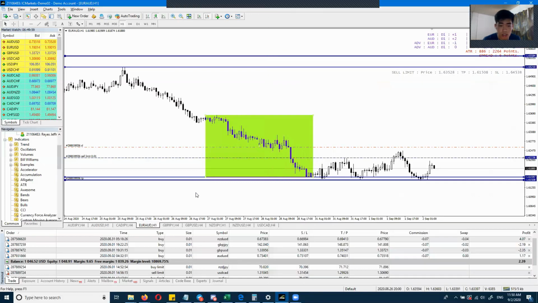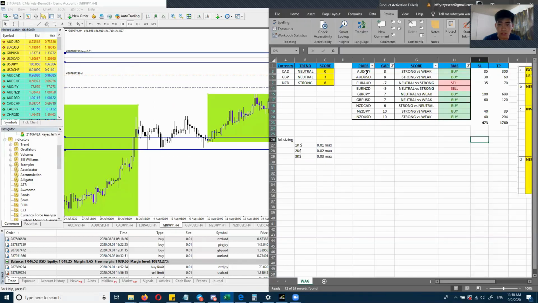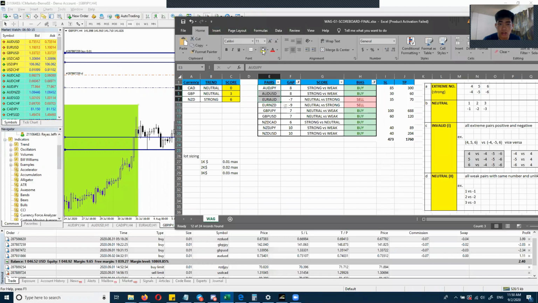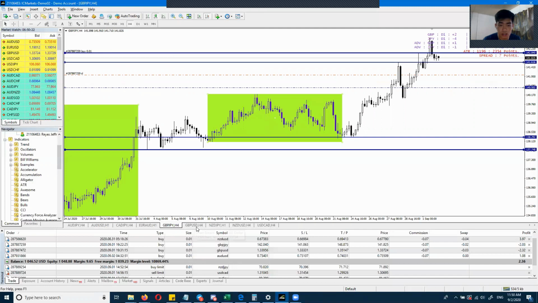Then Euro NZD. So, wala ako ng Euro NZD na yan. Makulay ito mga tapos na natin. GBP JPY, meron.